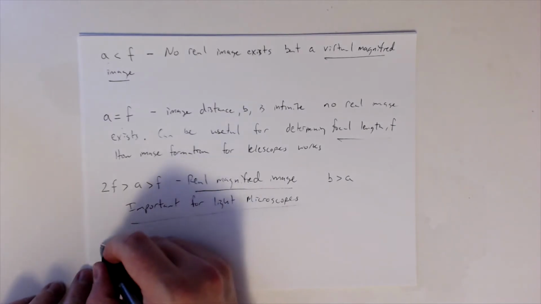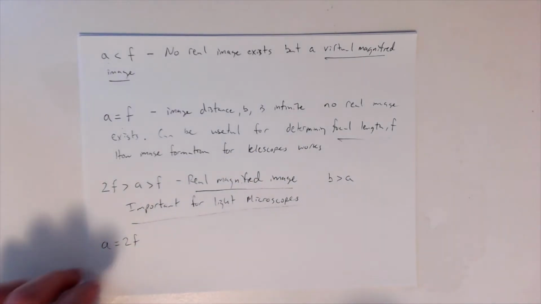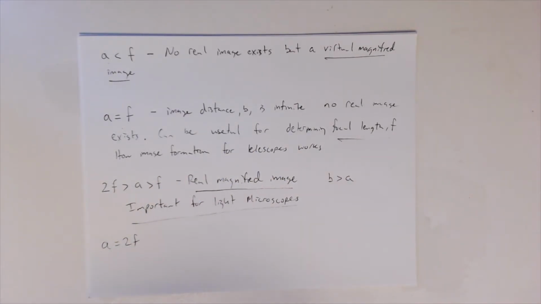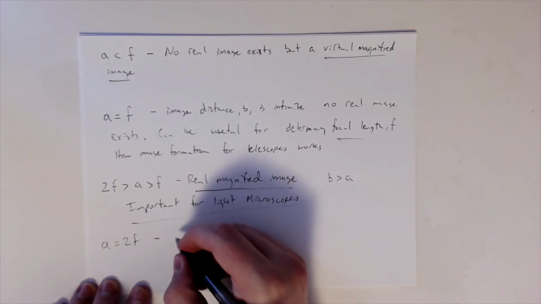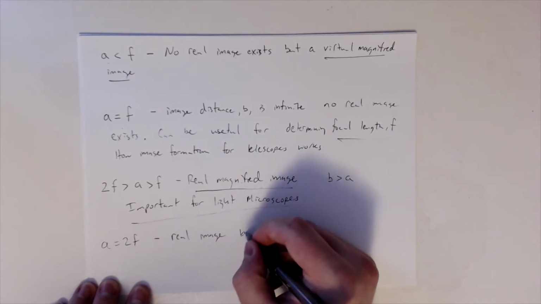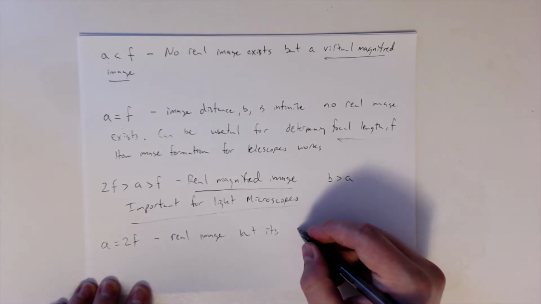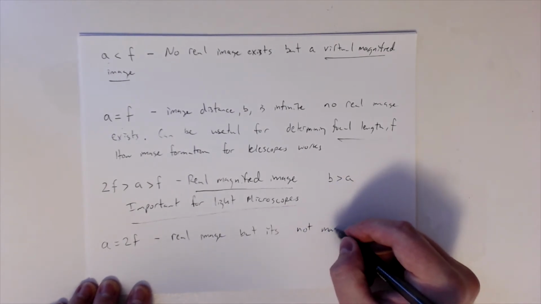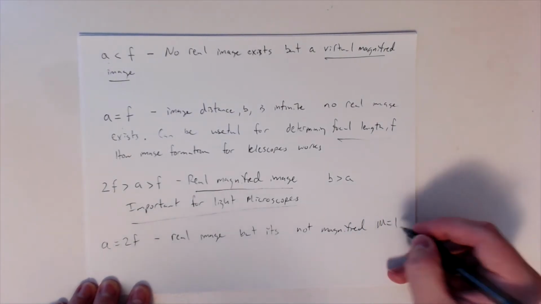All right, when A equals 2F, so you can kind of see that 2F is an important length for these cases. So in this case, when they're equal, there's a real image, but it's not magnified because M is equal to 1, right?